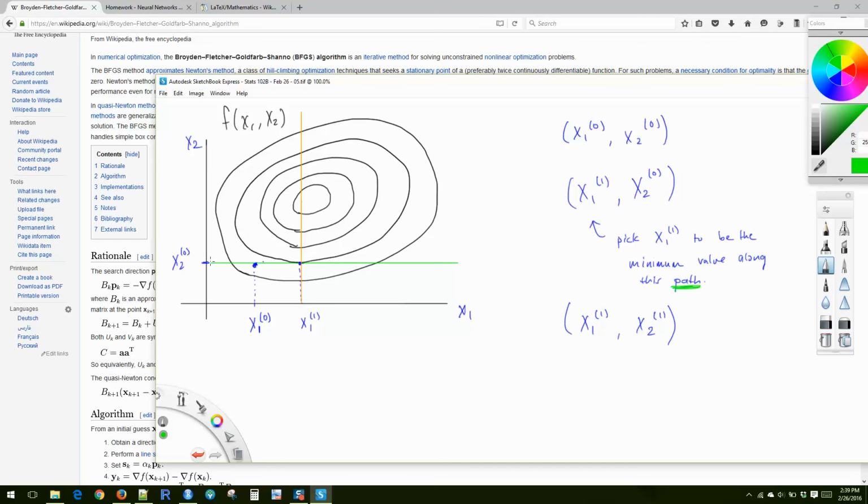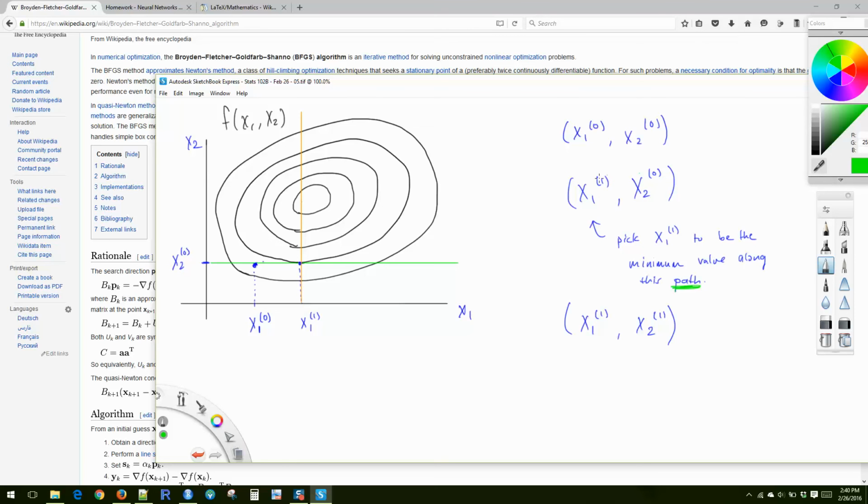And so we go along here and ask, what value of x1 should I pick that's going to minimize our function of x1 and x2 along this green path? The value that minimizes it is going to be right here, because we can see that it's touching the contour here, and anywhere else it's bigger than that. So we pick this value of x1, and so now we have x1 at time 1, and we're still at x2 at time 0.